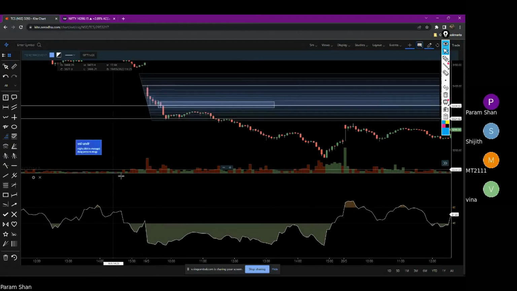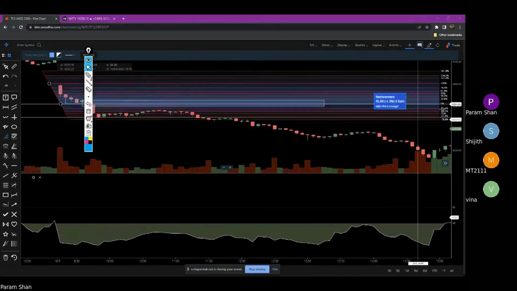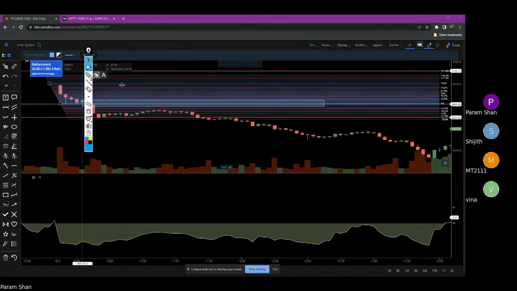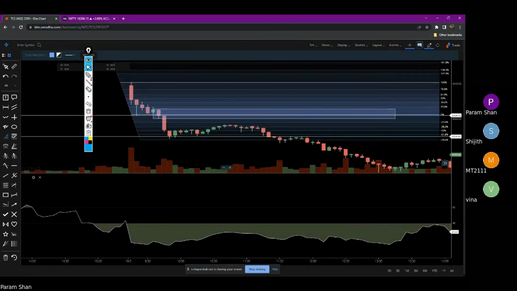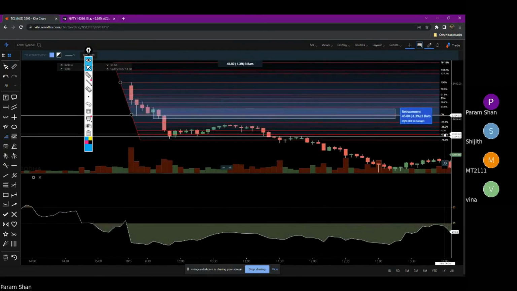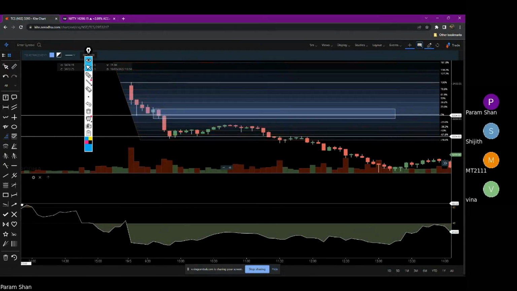Exactly the same thing. At 61%, our target is 25 points, exactly this white line. So the target can be fixed this way.